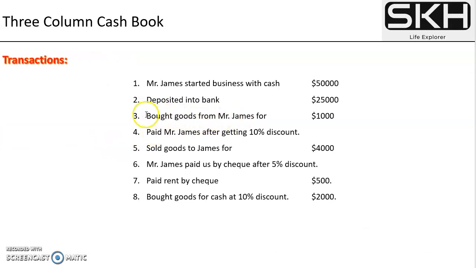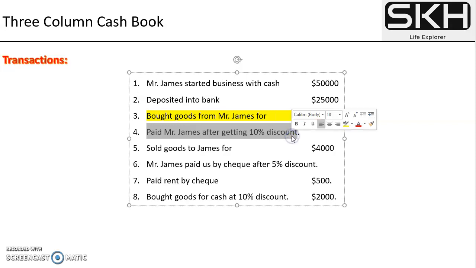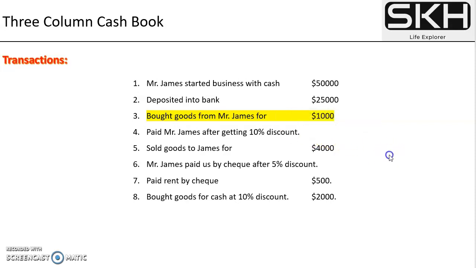Bought goods from Mr. James. You remember that when we buy goods on credit, we don't record that transaction in the cash book. It's a credit transaction, so cash is not involved, so we are not going to record it. Then it says paid Mr. James after getting 10% discount. When we are paying him, he gave us 10% discount. We had to pay him 1,000, and 10% of 1,000 is 100.